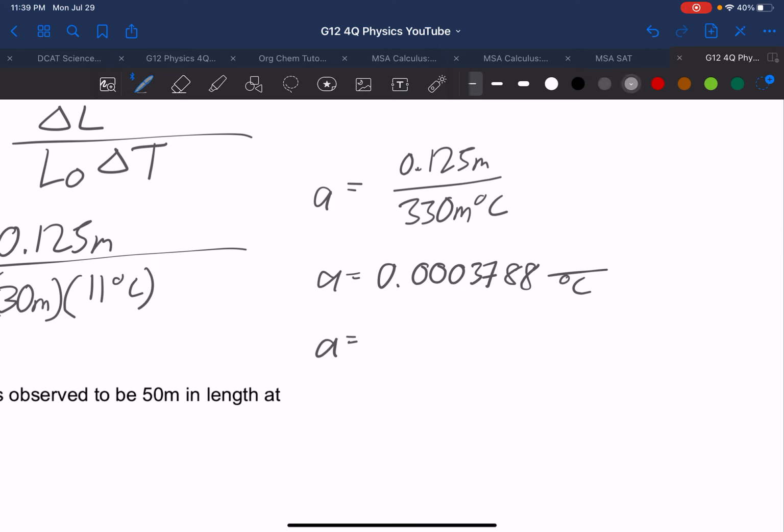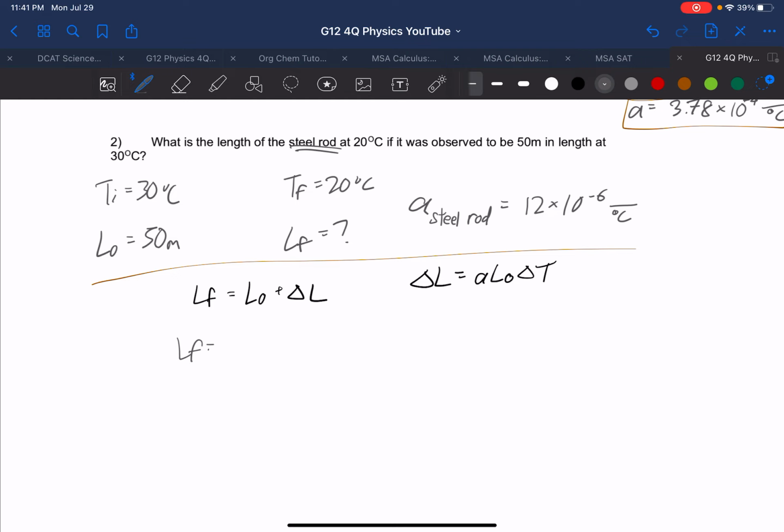Okay, so what is the formula? Okay, LF is missing.